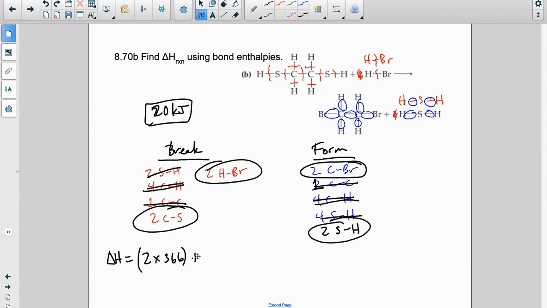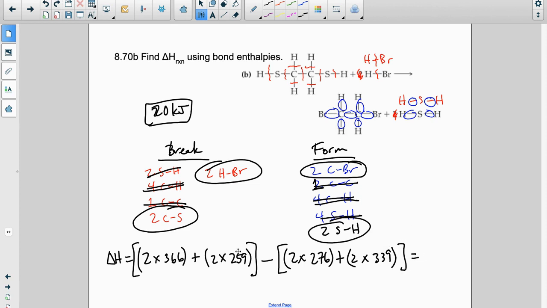Plus, and let me put brackets around here, 2 times my CS bond, 259, minus the release in energy from the bonds formed, so 2 times my CBr, so 276, plus 2 times my 339 for the SH bond.